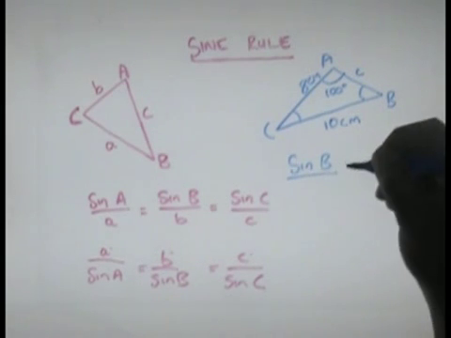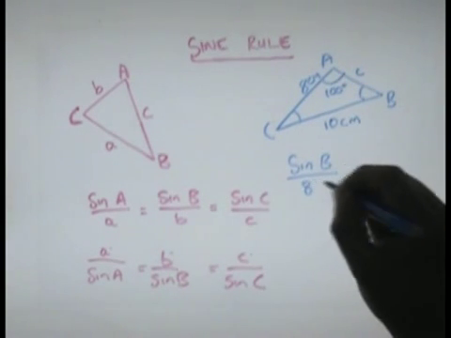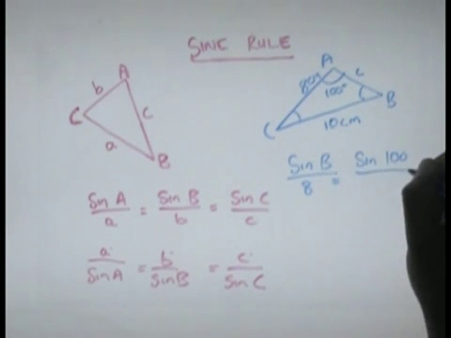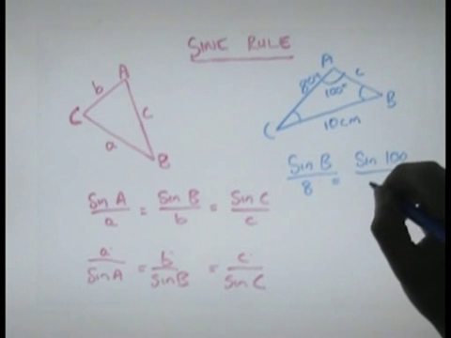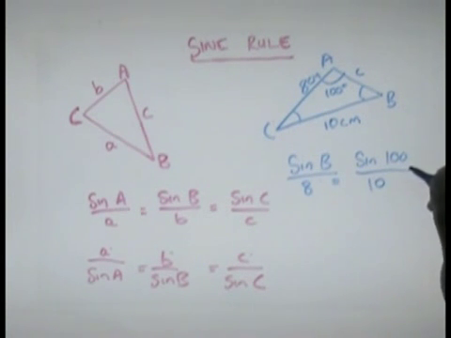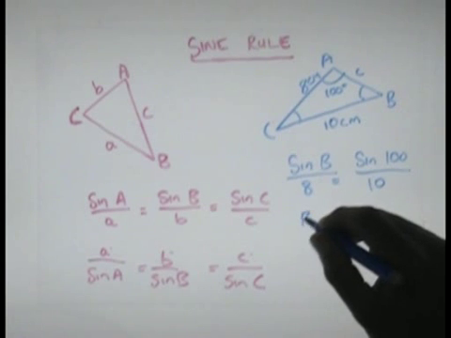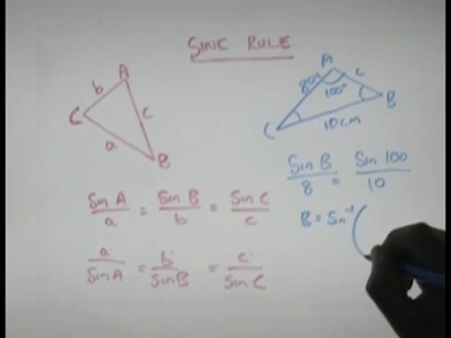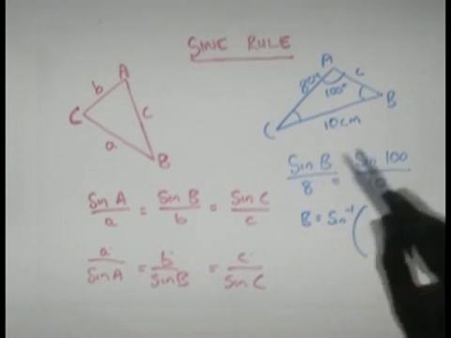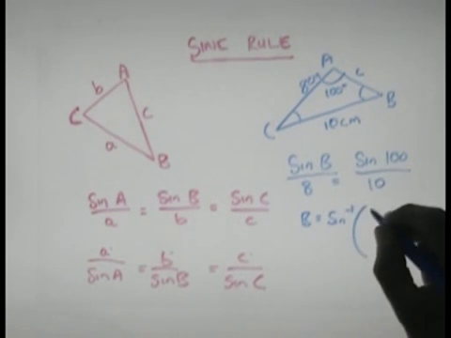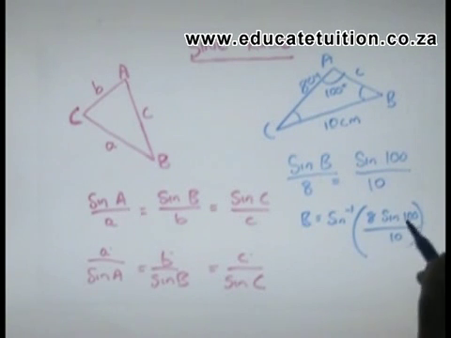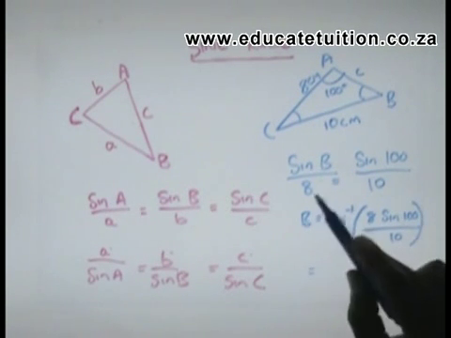Sine B over B, which is 8 centimeters, is equal to sine A, which is sine 100, over A, which is 10 centimeters. That means that sine B is going to equal 8 sine 100 over 10. Now the reason I'm doing this all together is just because it makes it so much easier.